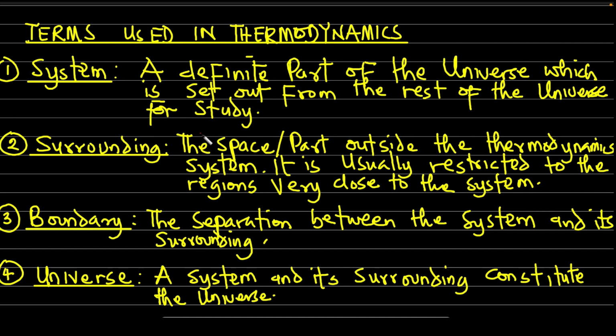So we said a system is a definite part of the universe which is set apart from the rest of the universe for study. What is surrounding? The space or part outside the thermodynamic system. It is usually restricted to the regions very close to the system.